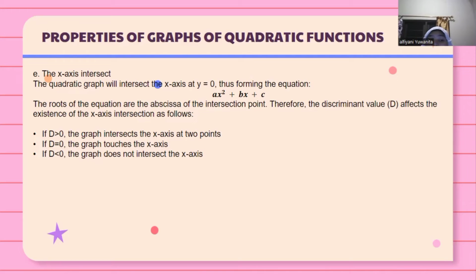Number 1, if D or discriminant is greater than 0, the graph intersects the x-axis at 2 points. Number 2, if D or discriminant equals 0, the graph touches the x-axis. Number 3, if D or discriminant is less than 0, then the graph does not intersect the x-axis.